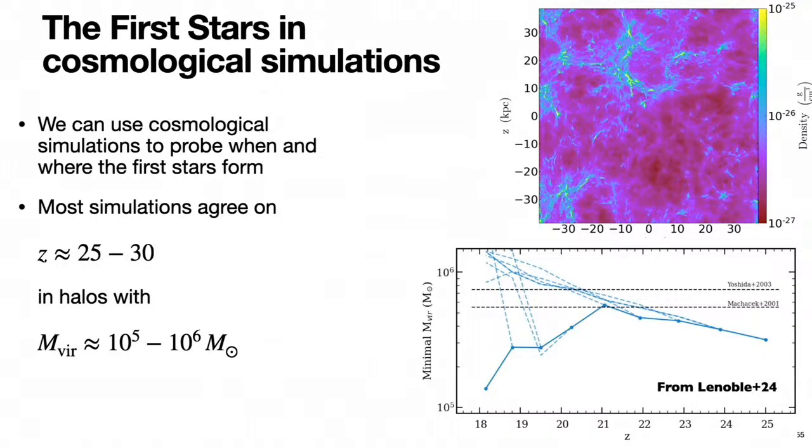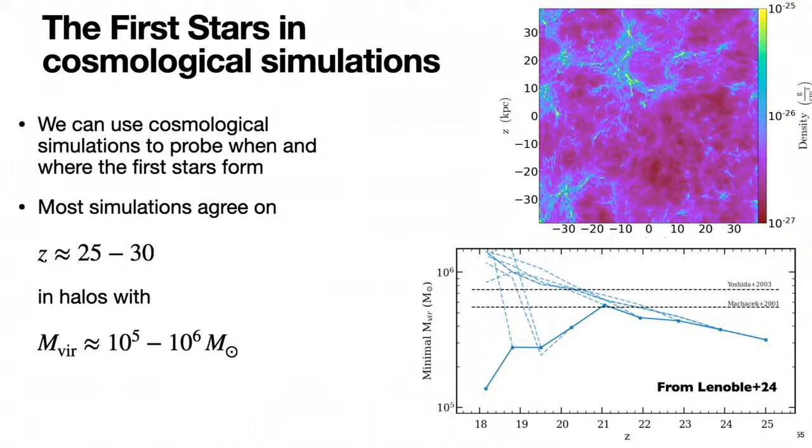We have used cosmological simulations to try to predict at which times and in what kinds of halos the first Population 3 stars are forming. There is agreement that they form between redshifts, I think, 20 and 30, something like that, maybe a bit higher. And there is also agreement that they form in halos of a bit less than 10^6 solar masses, 10^5 to 10^6 solar masses.